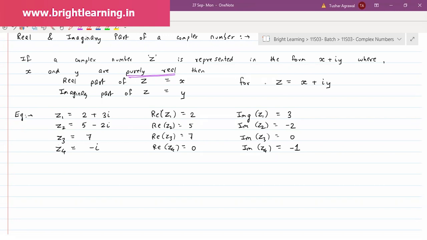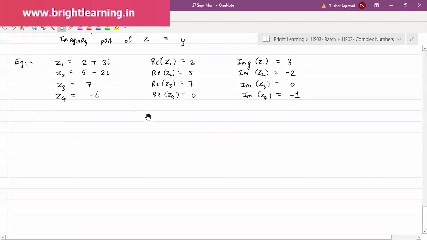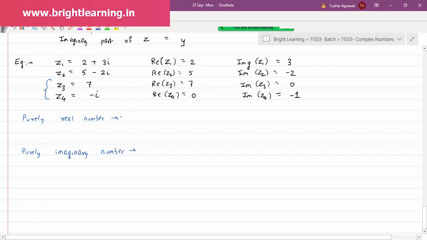From the last two points, I will give a definition of a purely real number and a purely imaginary number. What will be the definition of a purely real number?